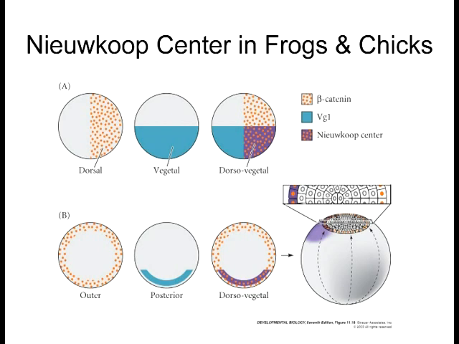So as the primitive streak is forming, these cells are being exposed to genes from the nucleus center, and eventually these cells will take on the organizer fate. Okay? So Henson's node doesn't show up until the entire primitive streak has been developed, and then in the most anterior region, you get Henson's node. That's where the organizer forms.